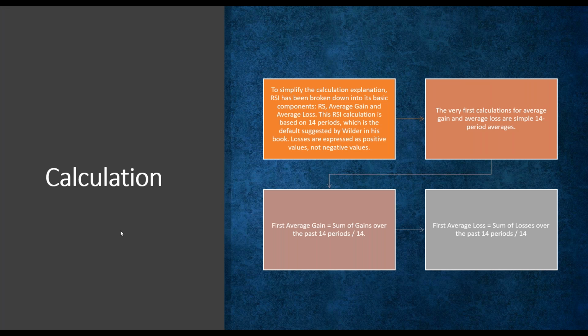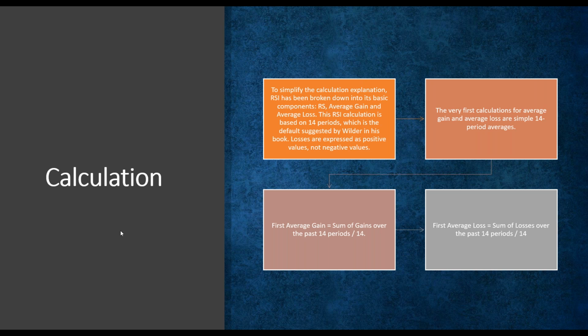RSI takes in a period of 14 days or 14 periods. So if you're looking at a half-hour chart, it's using 14 bars on that chart, or 14 half hours. If we're looking at a daily chart, we're looking at 14 days.